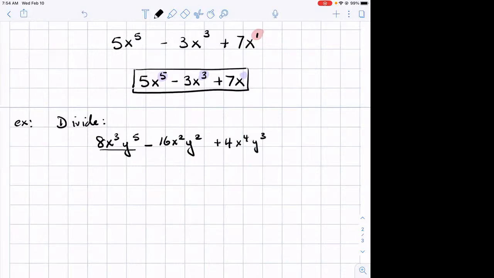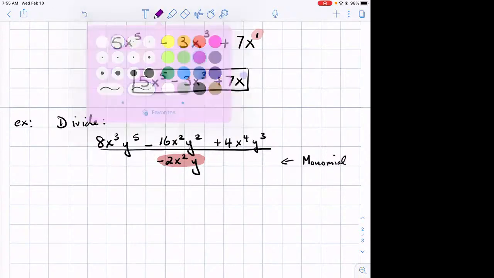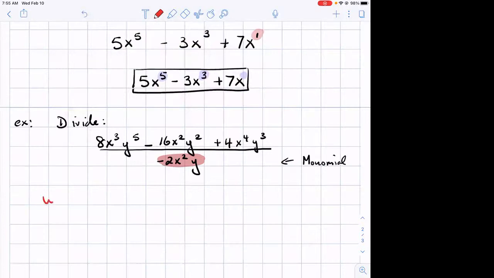And we want to divide all of this by negative 2x squared y. So once again, you will notice that your divisor here is a monomial. Anytime the divisor is a monomial, we can rewrite the polynomial.